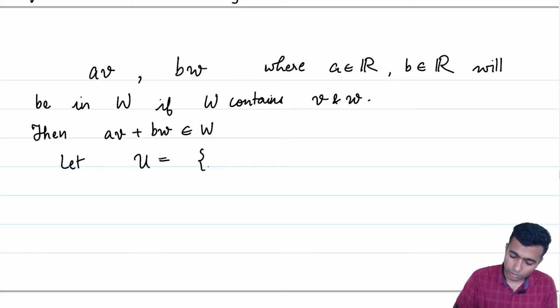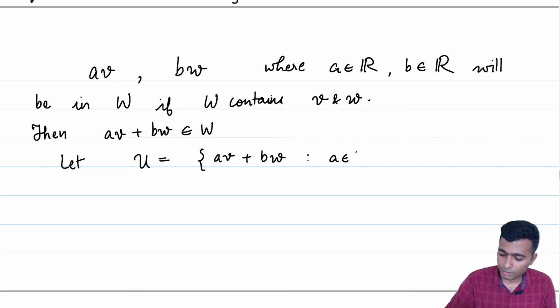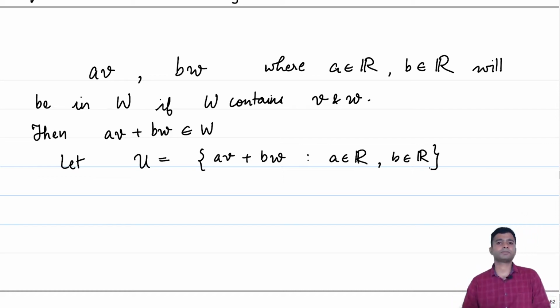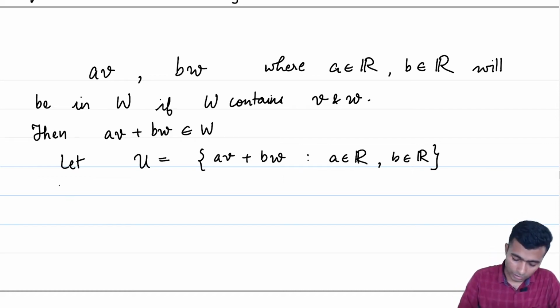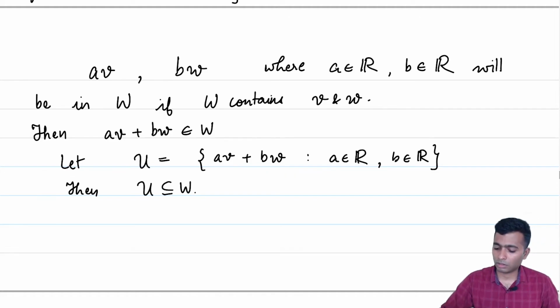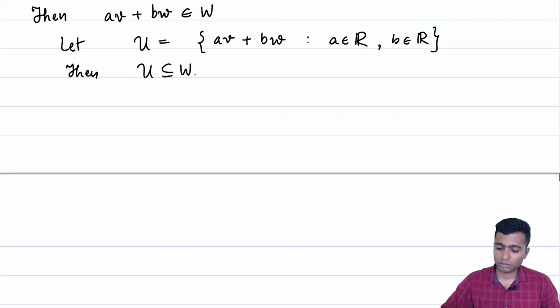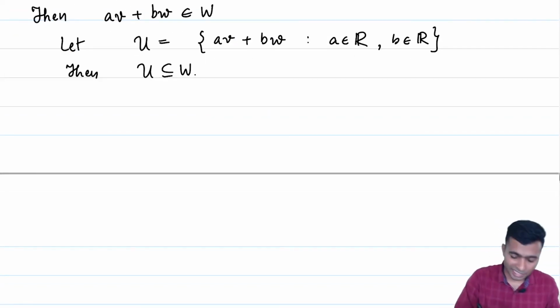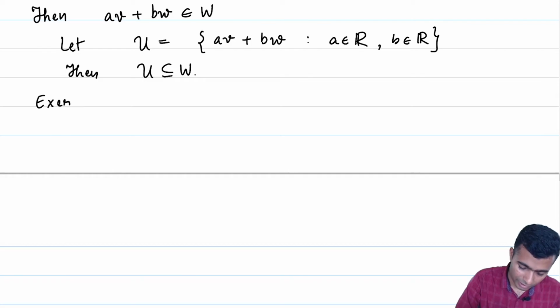So, let us do one thing, let U be the set of all AV plus BW such that A is ranging over all scalars, B is also ranging over all scalars. Then we just noticed, then U is contained in W. But then again, I leave it as an exercise for you to check that U itself is a subspace.